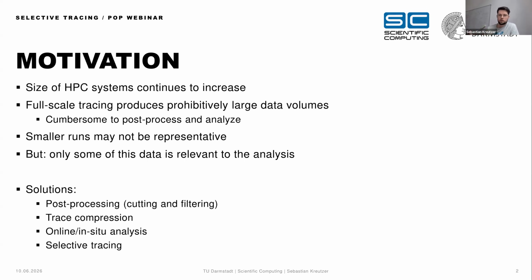Another option is doing trace compression, and there's a lot of research on that. And that's definitely one interesting path. The other idea is doing direct online or in situ analysis. So instead of recording the full trace, you have some kind of runtime system that dynamically decides what it wants to record.